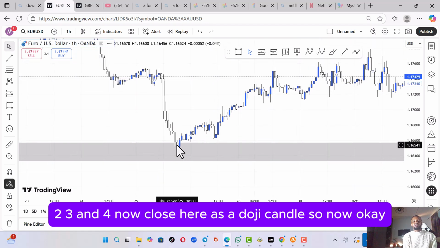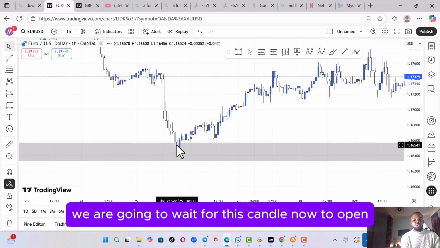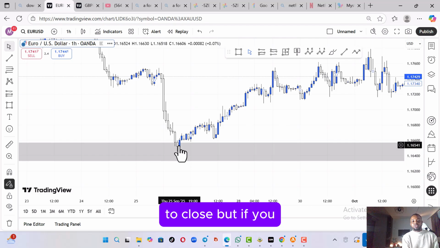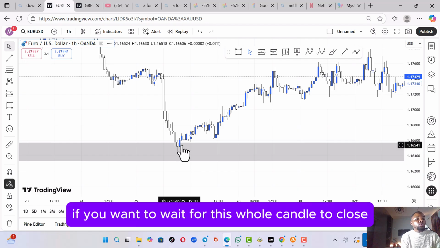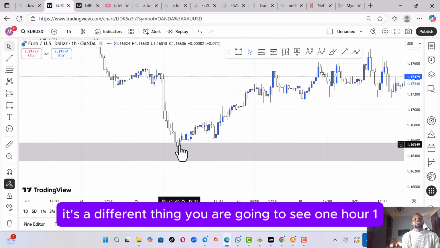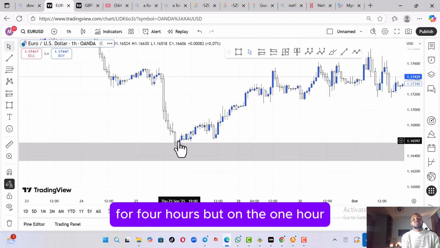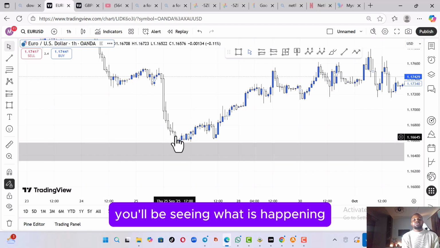So now, okay, we have seen this. So what are we going to do? We are going to wait for this candle to close. But if you want to wait for this whole candle to close on the 4-hour time frame, it's a different thing. We are going to see one candle running for 4 hours. But on the 1 hour, you will be seeing what is happening.